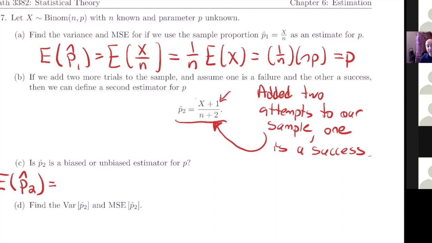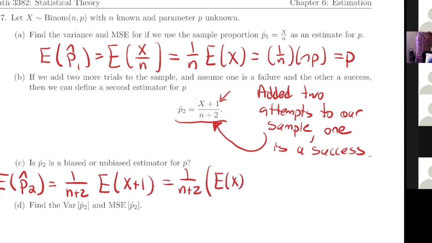And if we want to check this expected value, then we could pull out the 1 over n plus 2 and use our properties of expected value.